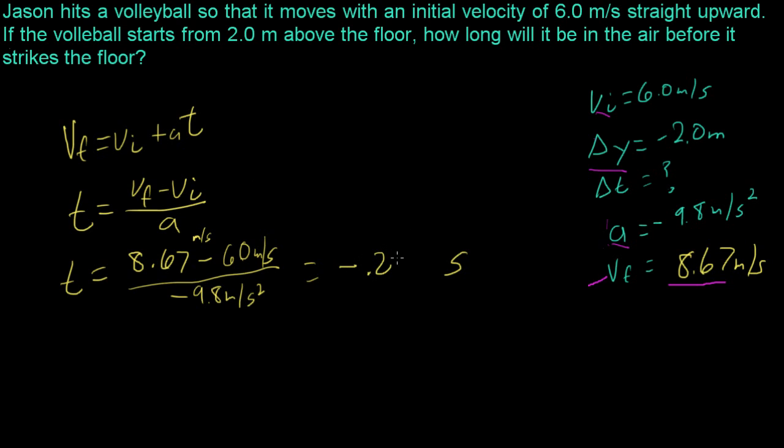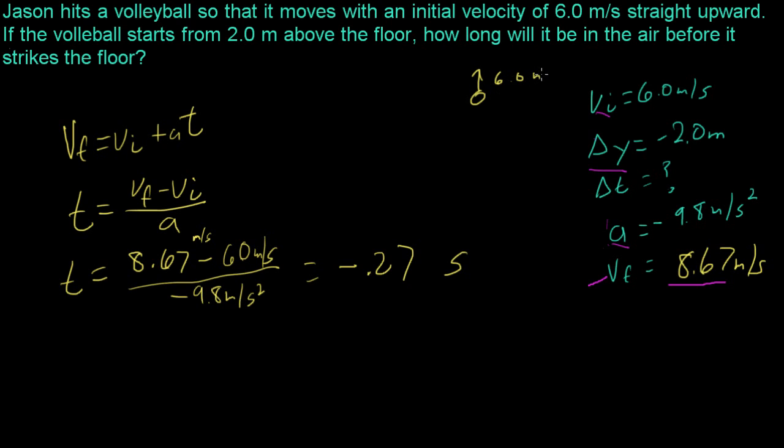negative 0.27 seconds. Now, a few of you got negative time on the previous section, and I told you that if you got negative time, that meant that something went wrong. And something has gone wrong here. I've messed something up, but I'm fessing up to it because you'll probably mess it up too. Think back here with our 6 meters per second straight up. We took our ball and we hit it straight up in the air.